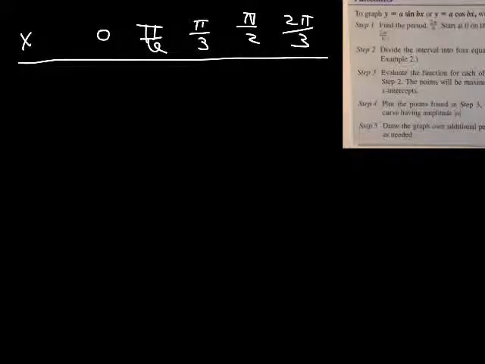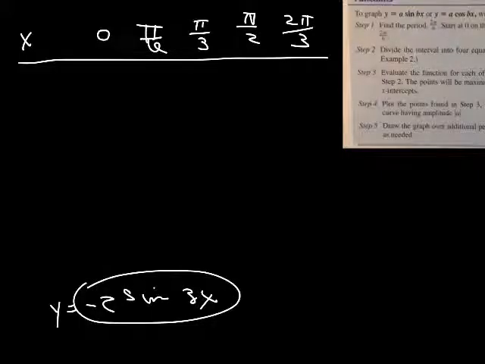Alright, our original problem, I'll put it down here at the bottom, is y equals -2 sine of 3x. So I need to find out 3x. I multiply each of my x's times 3, because that's what I've got here. 0 times 3 is 0. Pi over 6 times 3 is pi over 2.